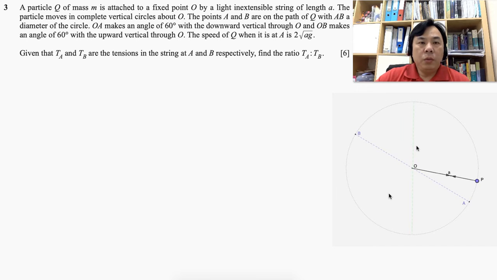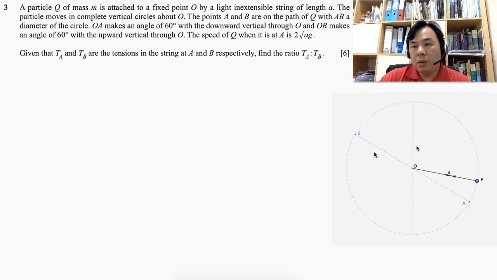Now the particle moves in complete vertical circles about O. So it's a vertical circular motion under the influence of gravity. The points A and B are on the path of Q, with AB a diameter of the circle.